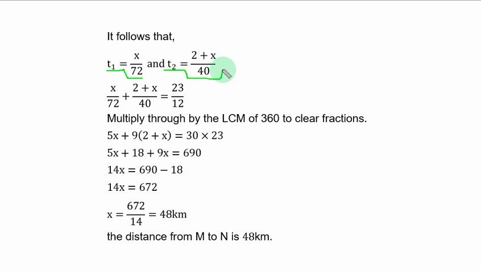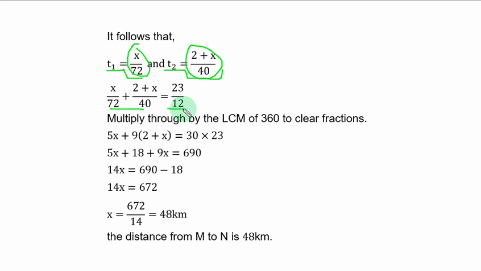So if you add the two times, t1 plus t2, what we have is 23 over 12.